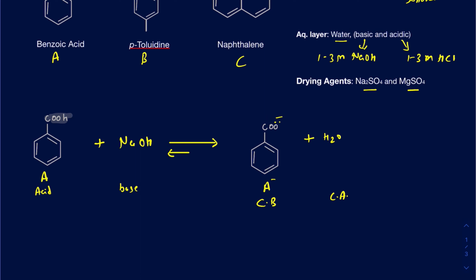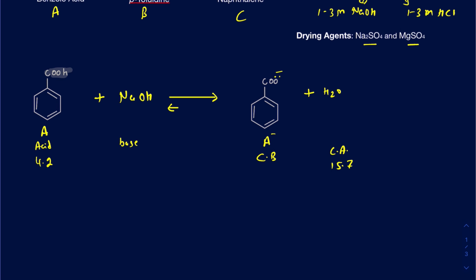So if I'm looking at the pKa's, this is roughly 4.2 for the benzoic acid, and for water is roughly 15.7 or almost 16. So there is a really good difference between the pKa's. So this actually will shift the equilibrium all the way to the right, or another way of saying, you will have most of this compound on the right side, or most of this benzoic acid has been converted into the benzoate or its conjugate base.